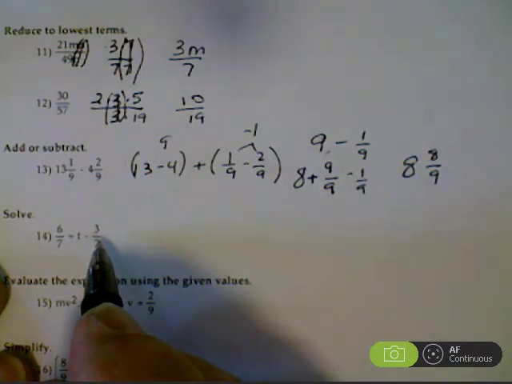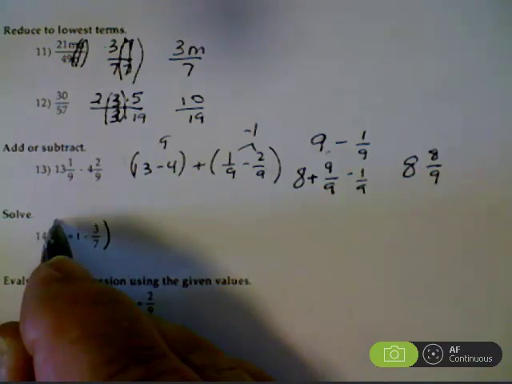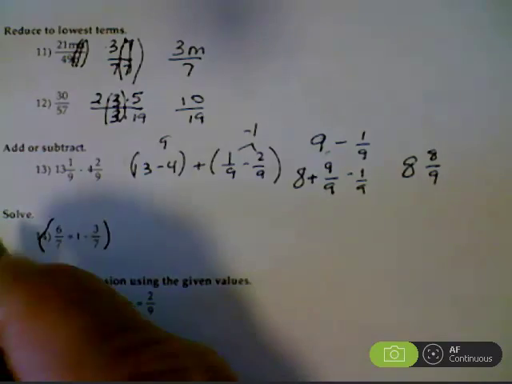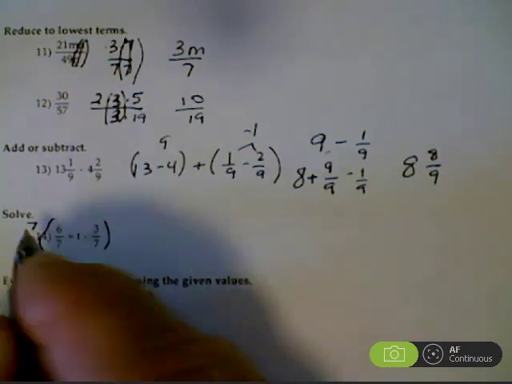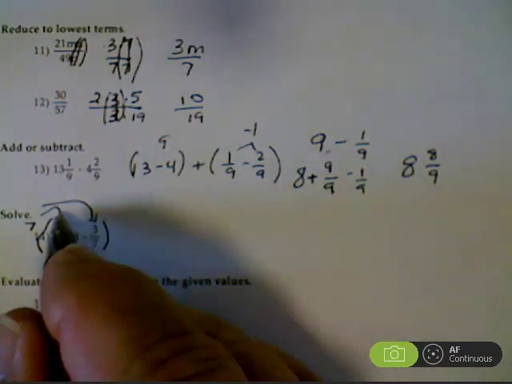The LCM is 7. Lowest common multiple is clearly 7, which is a prime, so we multiply 7 to each of the terms.